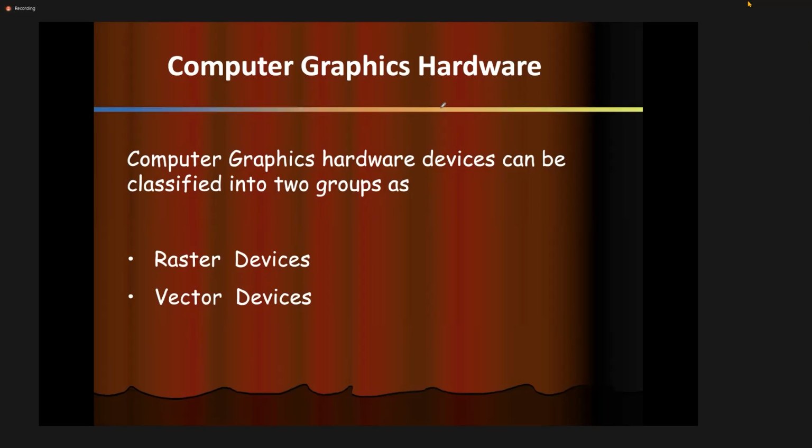When you are working with a raster device, for each and every frame, you have to go through pixel by pixel and display. Vector devices, that is not the case.